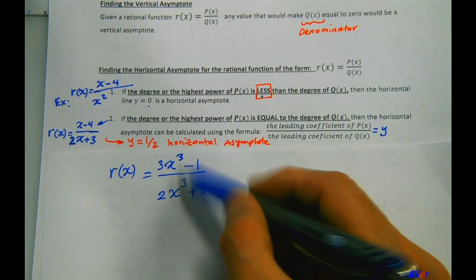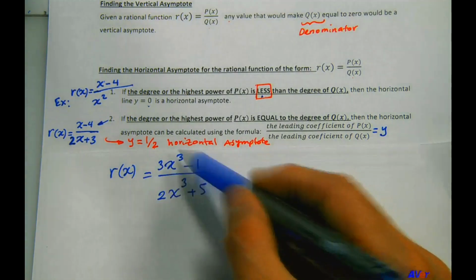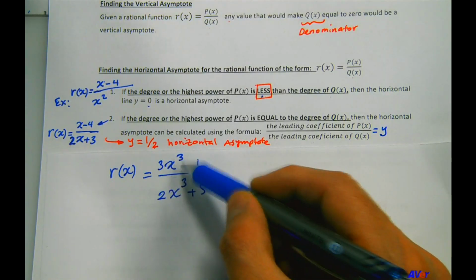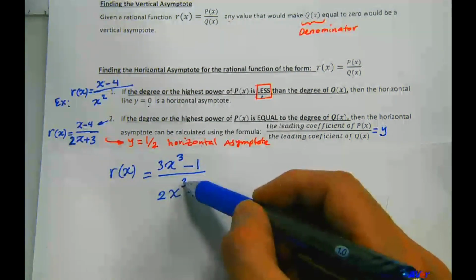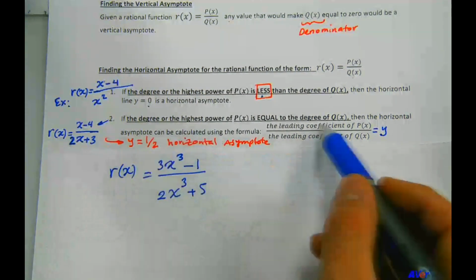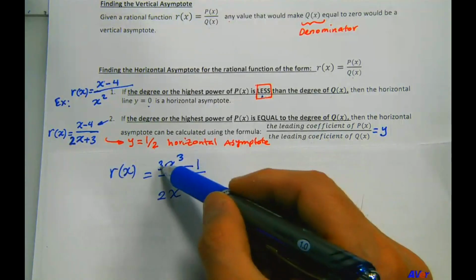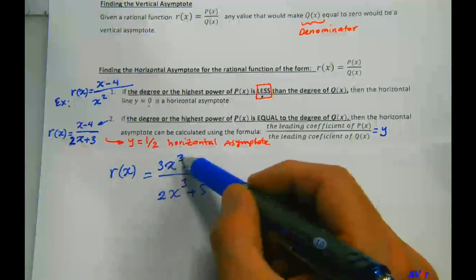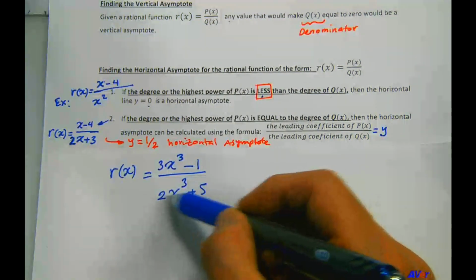So once again, the leading terms are 3x cubed and 2x cubed. Look at the degree of the polynomial in the numerator, it's 3. The degree of the polynomial in the denominator is 3. So it's again case 2, where the horizontal asymptote would be the ratio of the coefficient of the leading term in the numerator divided by the coefficient of the leading term in the denominator.